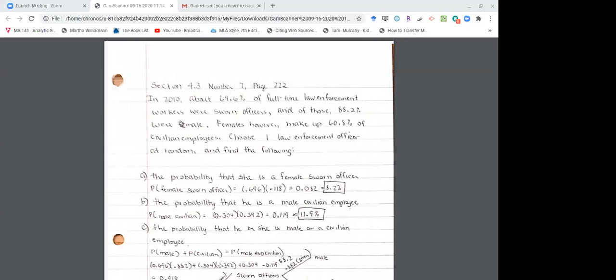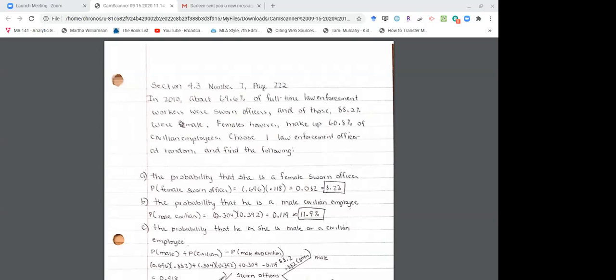They're not beat cops. They're civilian employees, okay? So it says choose one law enforcement officer. And for the sake of this conversation, law enforcement officers include sworn officers and civilian employees. So we're talking about one law enforcement worker, okay?